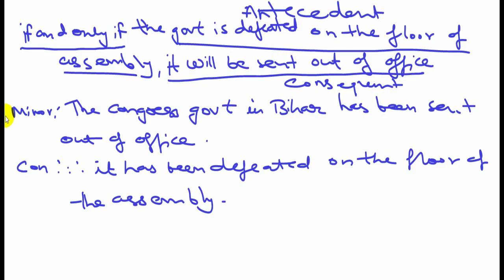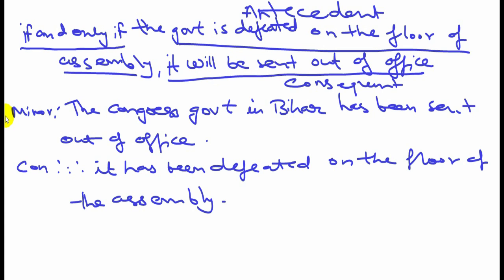In a hypothetical argument, either the antecedent or the consequent or both of them may be negative. When the negative antecedent is affirmed, it will remain negative, and when it is denied, it will become affirmative. Similarly, about the consequent as well.